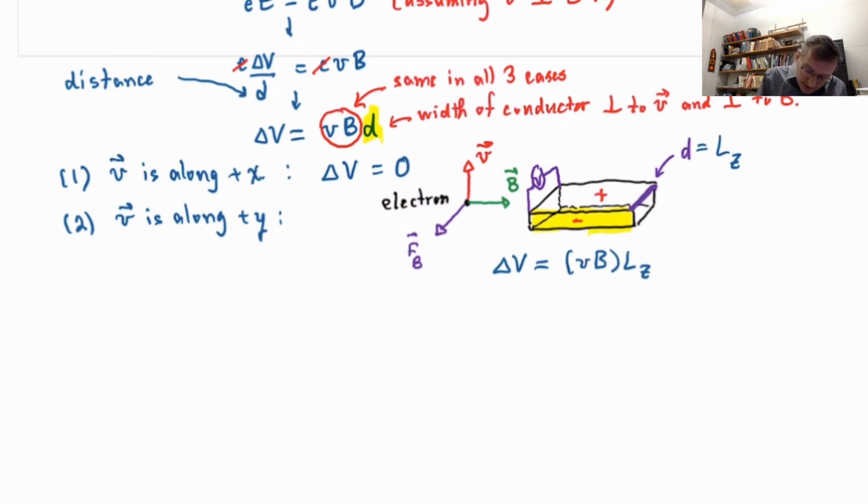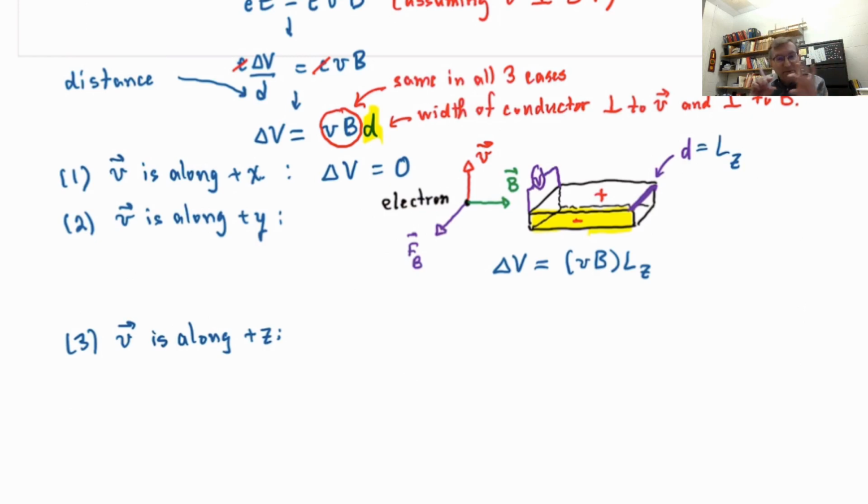Now I'm going to let you practice the third one on your own, but what's happening in the third case is that the velocity vector is along the plus z direction. So I recommend you draw a picture like I just did for case 2, but you do it for case 3. And draw the velocity along z and the magnetic field along x, and figure out the direction of F magnetic.